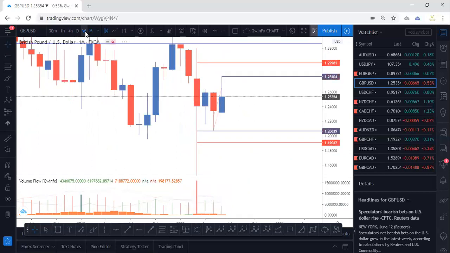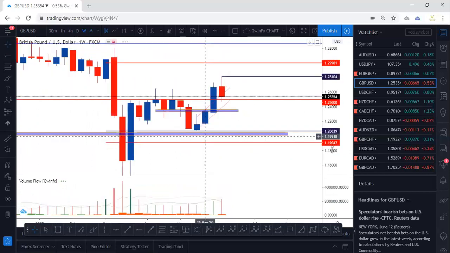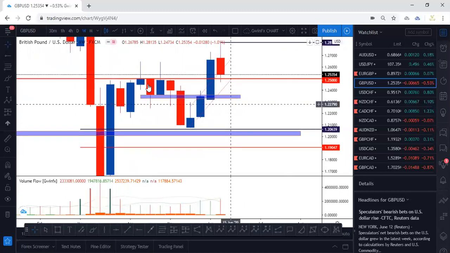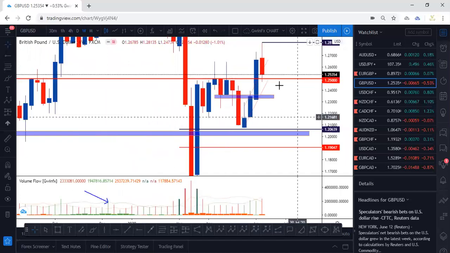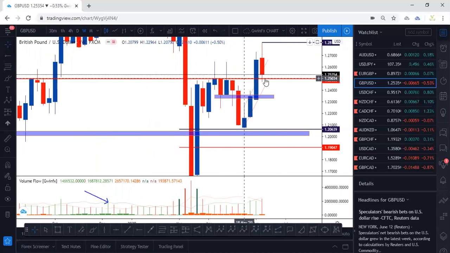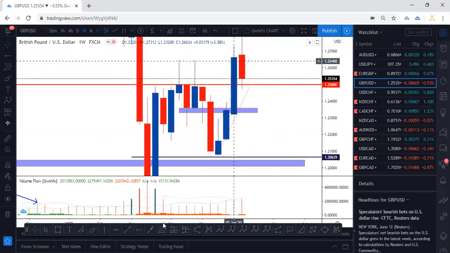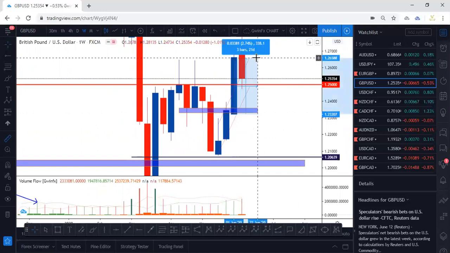So from the weekly time frame, what do we have? Last week, remember we have this structure here. We have this strong structure in the market at 1.2500, and we have the market price coming into testing this area one more time, which is also in the area of the half body.